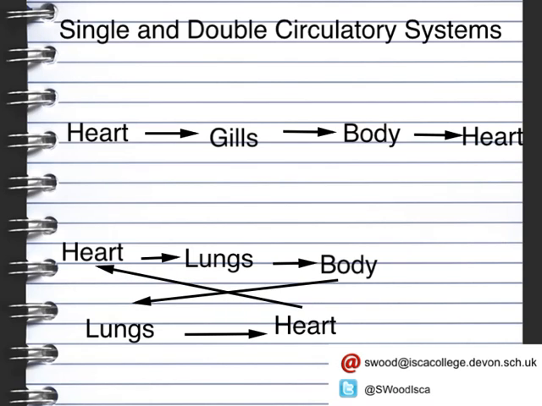So heart to lungs to collect oxygen, to the body to allow respiration to happen, back to the lungs to get rid of the waste, and then back to the heart so we can start the whole thing again.